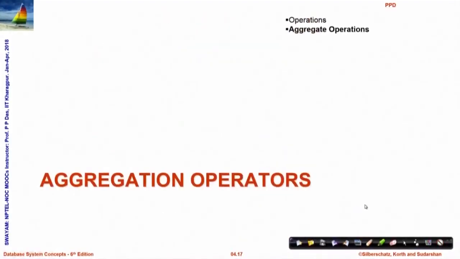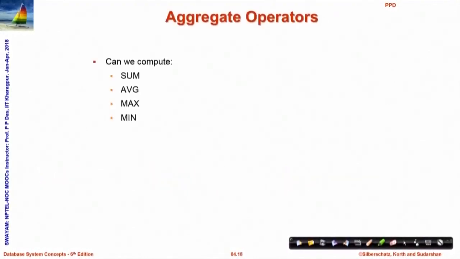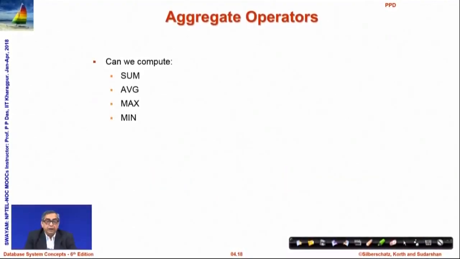So, these were the 6 operations and the important derived operations of relational algebra. Besides that, relational algebra has some aggregation operators. For example, given a table, we could compute the sum of values on a column, the average of values, max of values, mean of values. These aggregate values of multiple rows on a particular column, and therefore, these are called aggregate operators.